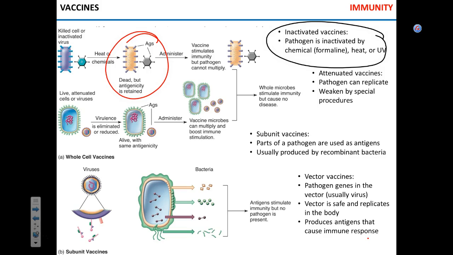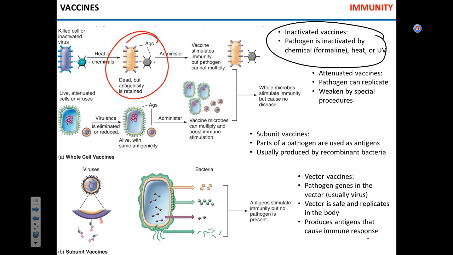17D strain. The vaccine was created by Max Theiler in the 1930s. He passed it through monkeys and rabbits, alternating monkeys and rabbits 200 times, and got it attenuated. What does it tell you about the attenuation process?